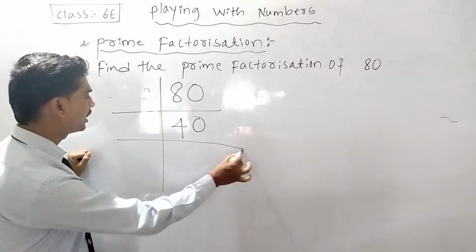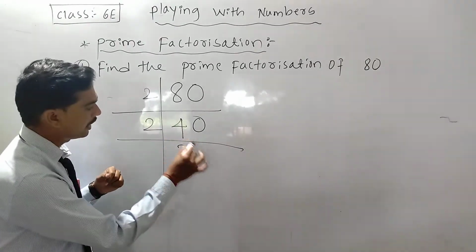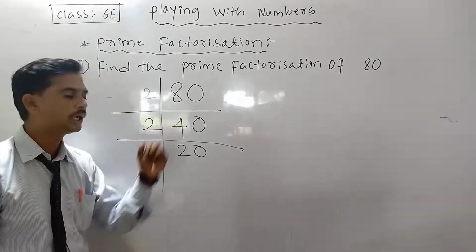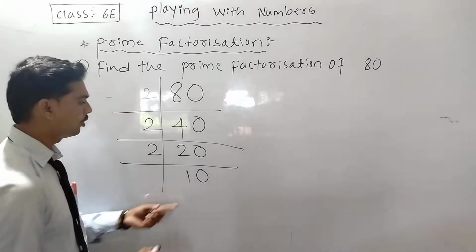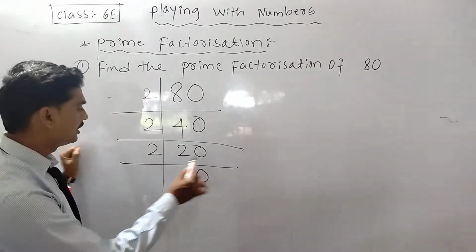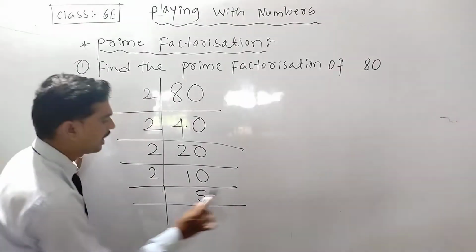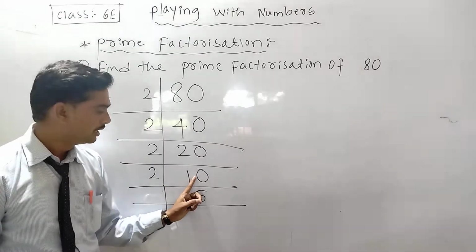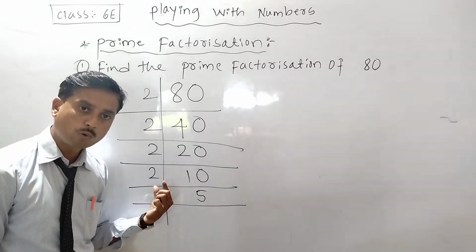Okay, then come to the next. Again 2 2s are 4 and 0 as it is, because 20 2s are 40. Then next 2 1s are 0 and 10 2s are 20. And next 5 2s are 10. Now is 5 completely divisible by 2 or not?